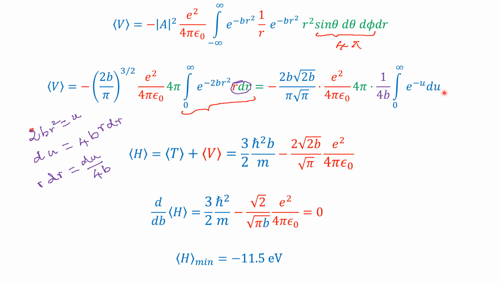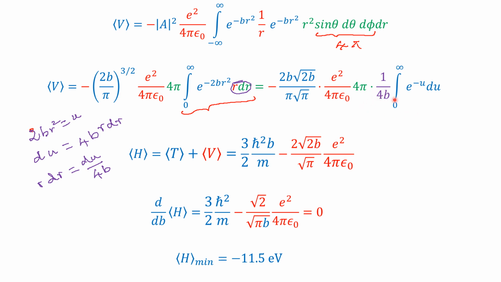I have changed this, and as usual, I have expanded this. 2p whole power 3 by 2 is 2p into square root of 2p. Similarly, pi power 3 by 2 is pi into square root of pi. Of course, this e squared divided by 4 pi epsilon naught, the 4 pi I have taken, and this 1 over 4 pi also I have given as it is.